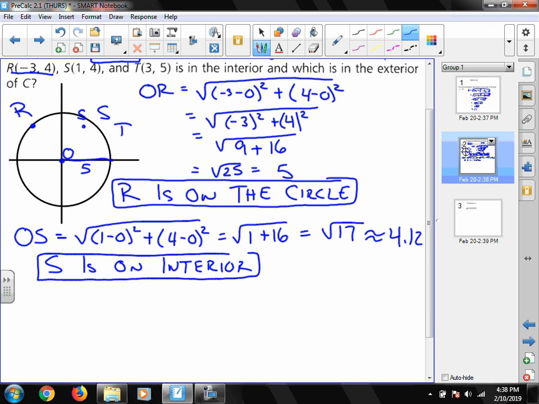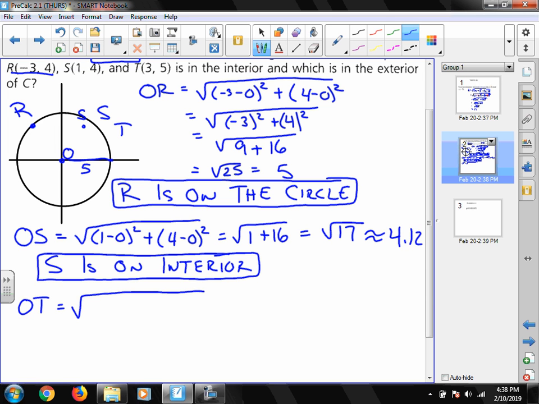And for those of you that like to box your answers, that is what you would box. And we got to do this one more time with T. So we're going from O to T. You guys can probably take a guess at what this is going to be. But let's go through the math.